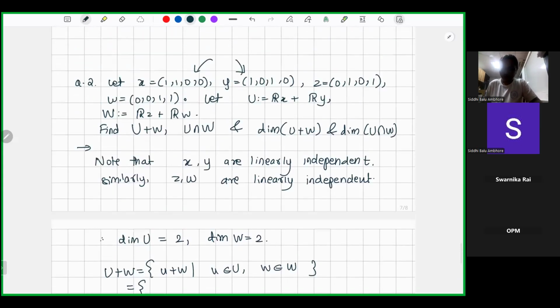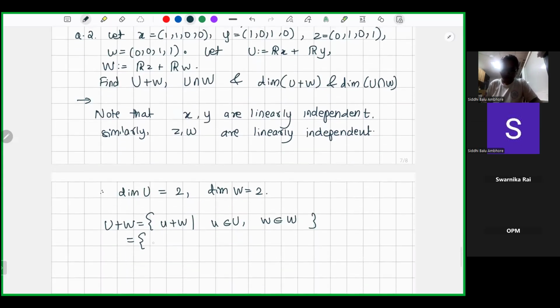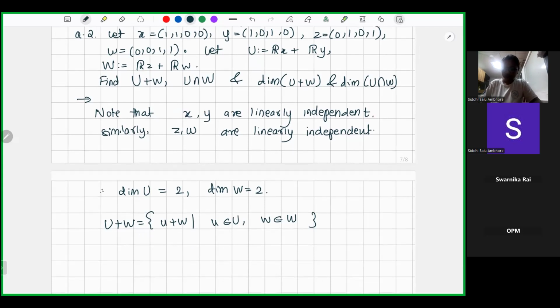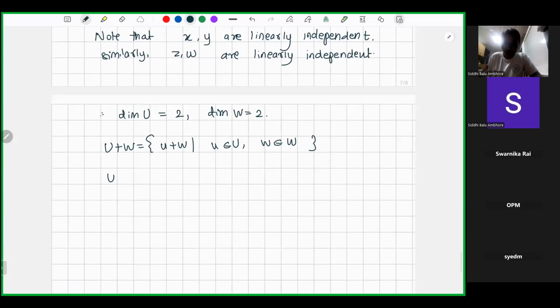Elements of U are of this form. Let us write first how elements of U look like.